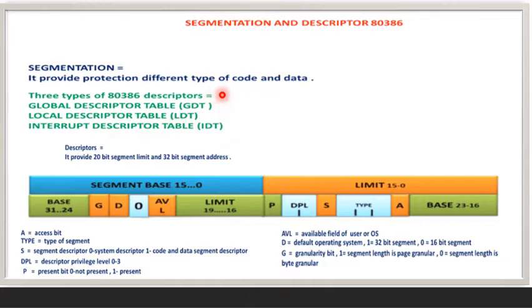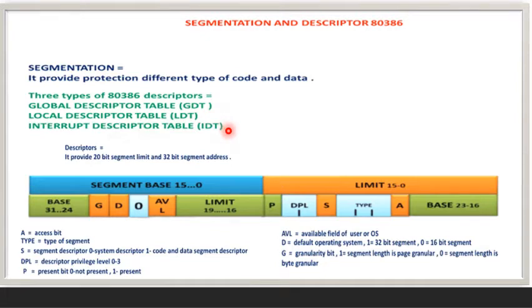The 80386 has three types of segment descriptor tables, which already exist in the 80286, but there are some differences between the 80386 and the 80286 segment descriptor structure. The three types of 80386 segment descriptor tables are the global descriptor table, local descriptor table, and interrupt descriptor table.